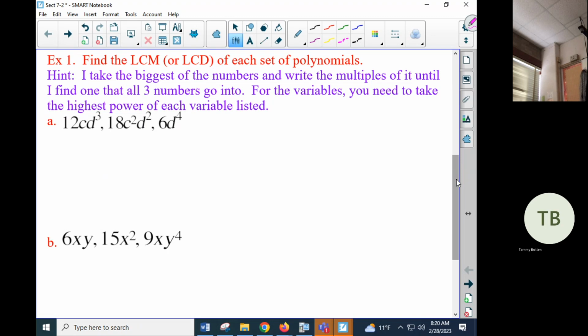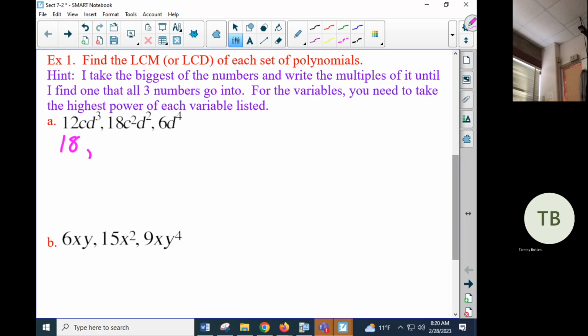So how I do this is I take my biggest number and first write that down once. And I think, do 12 and 6 also go into 18? 12 does not. If you went 18 divided by 12 on a calculator, it's not a whole number. So 18 is not the least common multiple.